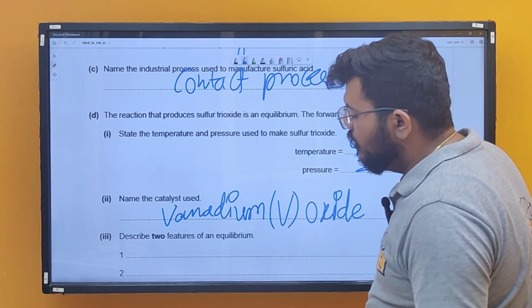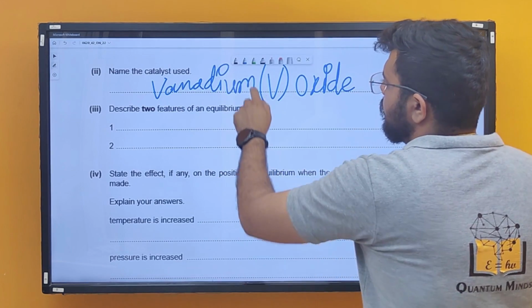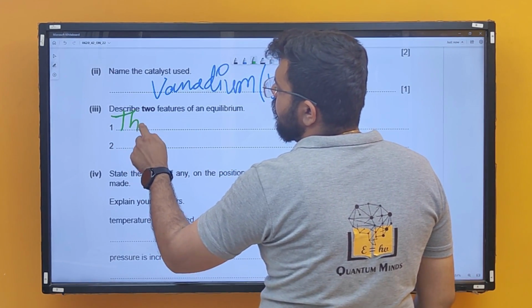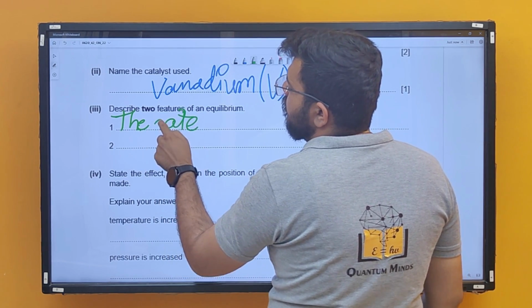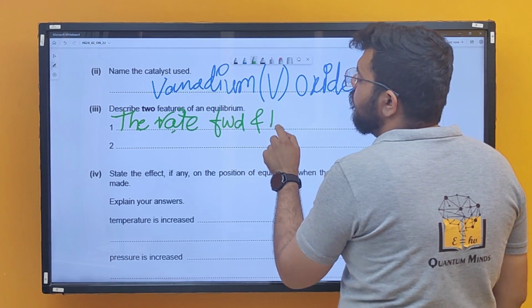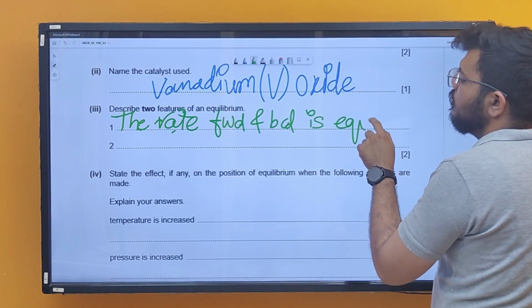Then describe two features of an equilibrium. Let's describe them. The rate of forward and backward reaction is equal.